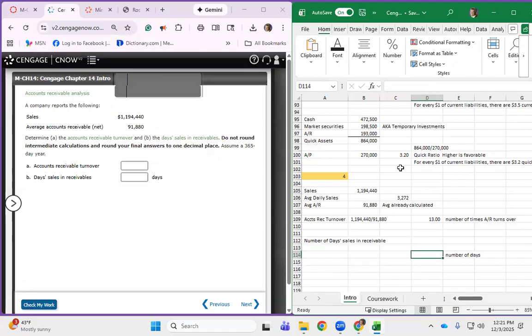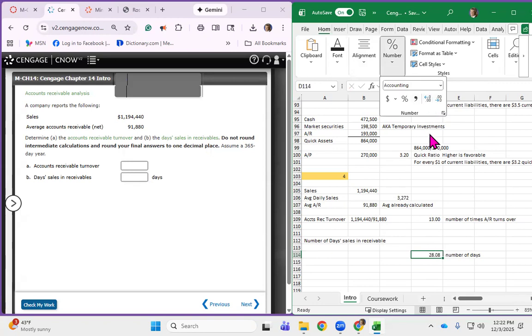So the number of days, one more time, we now use average accounts receivable as our numerator. Remember, the numerator is the top number, and you divide by the divisor, which is the bottom number. So our average daily sales, so 28 days. I said it'd be less than 30 days.